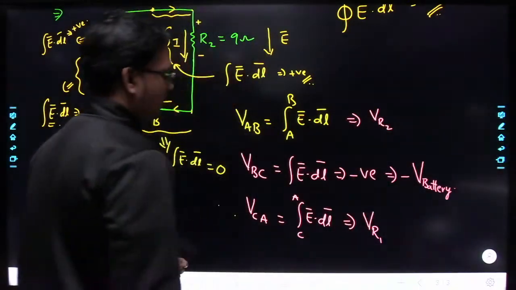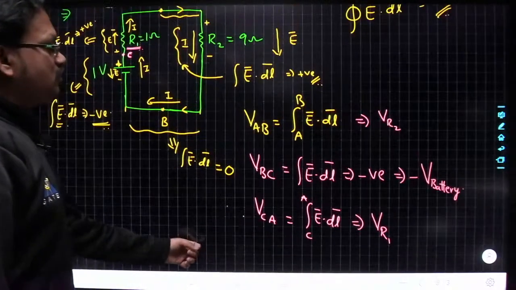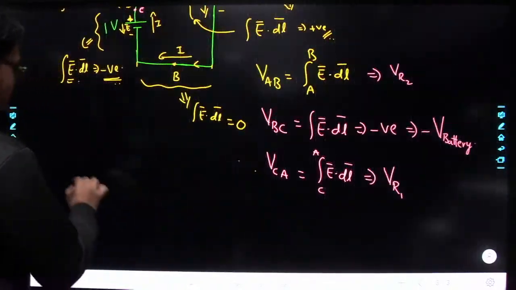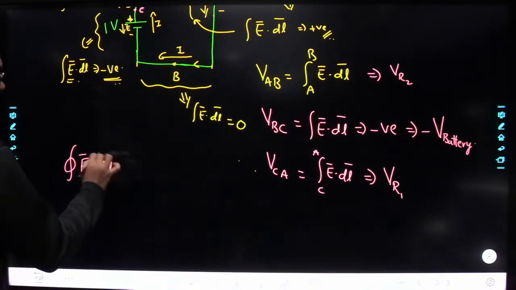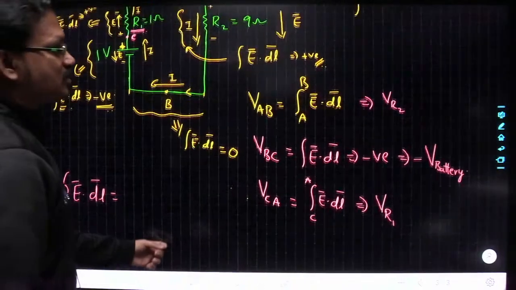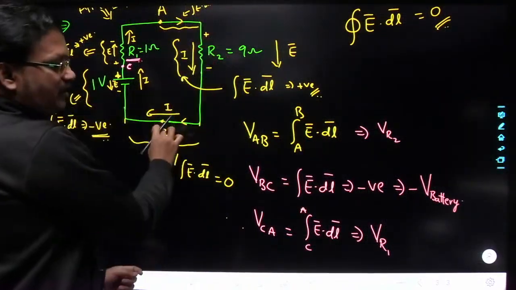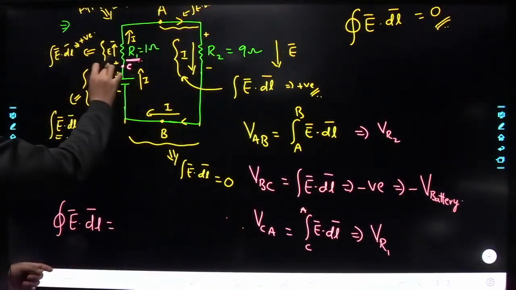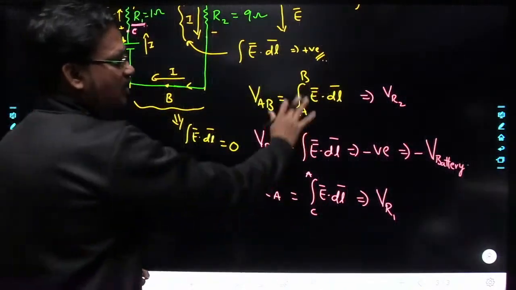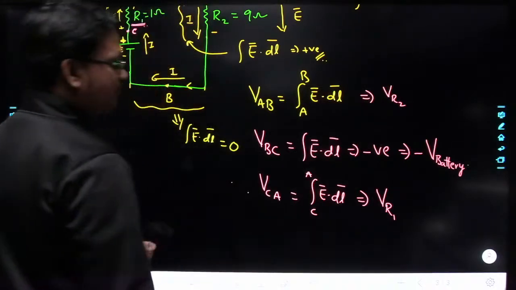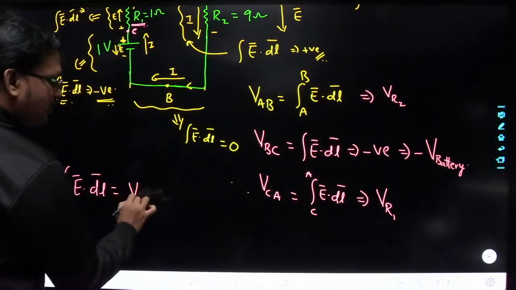Now what is the circulation of electric field around this closed path? It is nothing but integral A to B plus B to C plus C to A. So you have to add up all this. So what you are going to get?